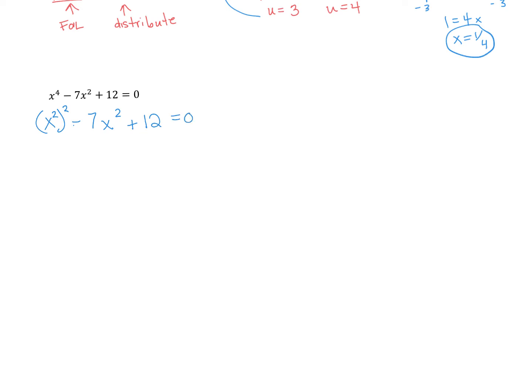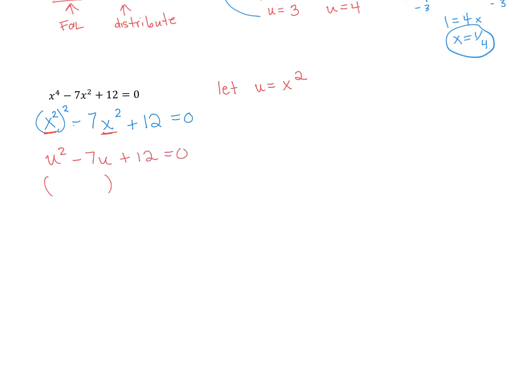So you may want to make a substitution. You should notice that you have this x squared. So I'm going to let u be x squared. Once I make my substitution, I'll have u squared minus 7u plus 12.